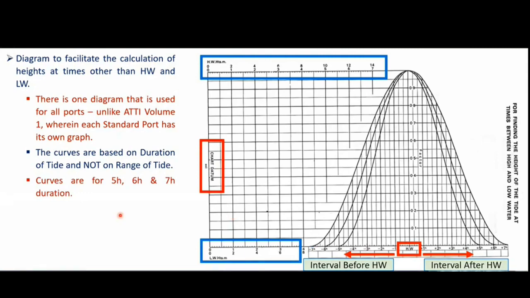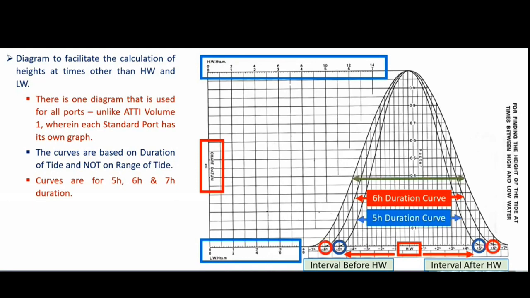There are three curves for 5 hours, 6 hours, and 7 hours. This curve, which is now being marked by the blue arrow out here, this is the curve for 5 hours duration. This is the curve for 6 hour duration, middle one, and the outermost is the curve for 7 hours duration.